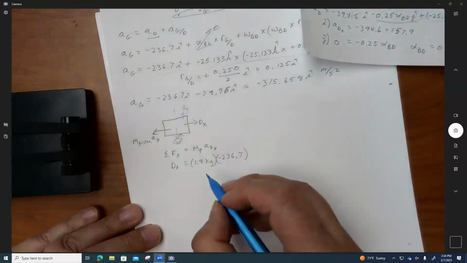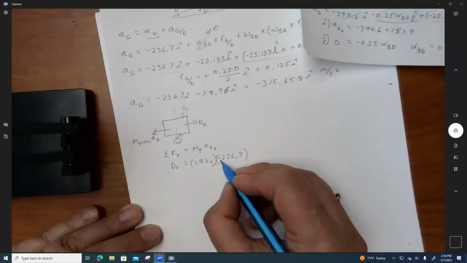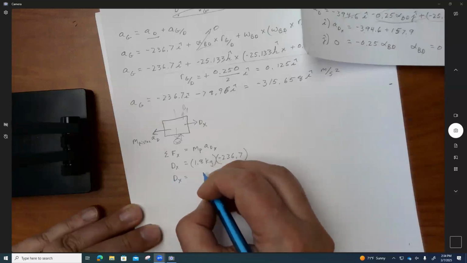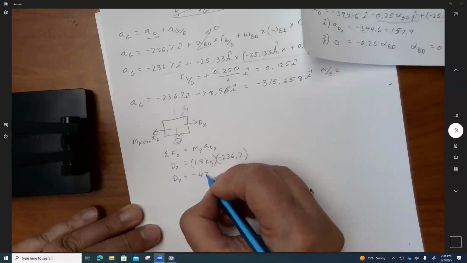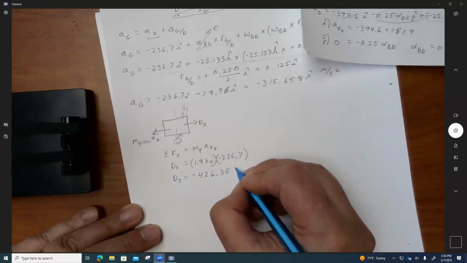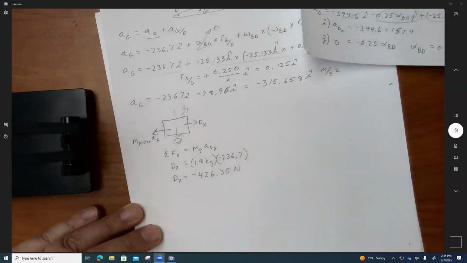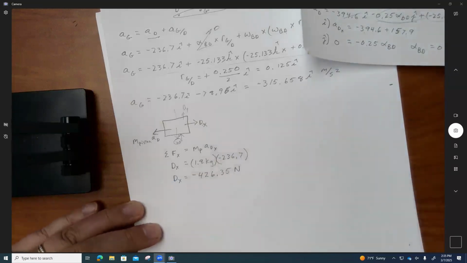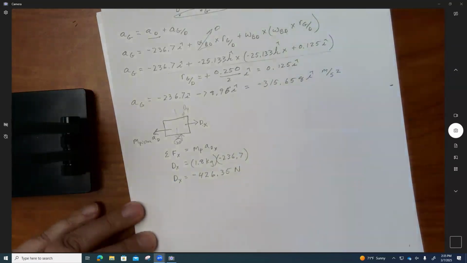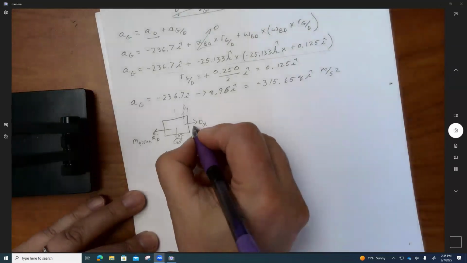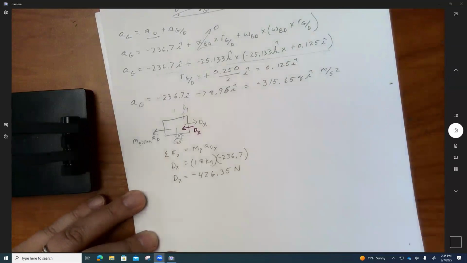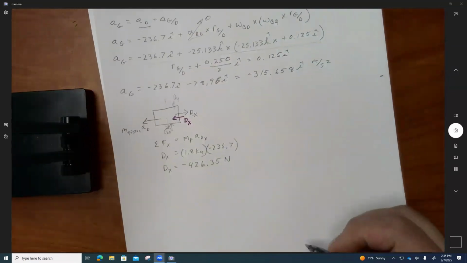So if I look at Dx, I am going to have a minus value. Dx is equal to minus 426.35 newtons. What that means is the direction I assumed for Dx is not the direction that force is going. What is really happening is Dx is really going in that direction, which makes sense.